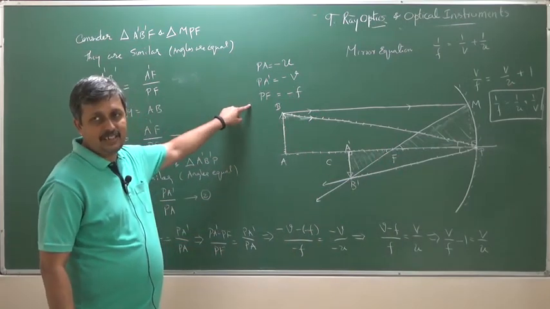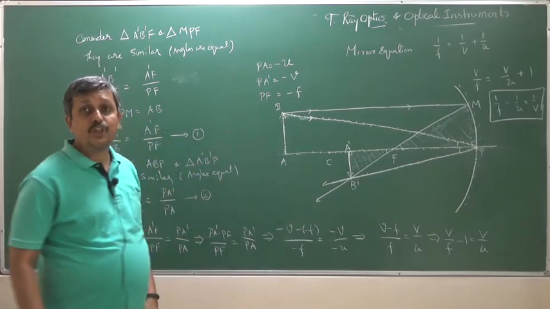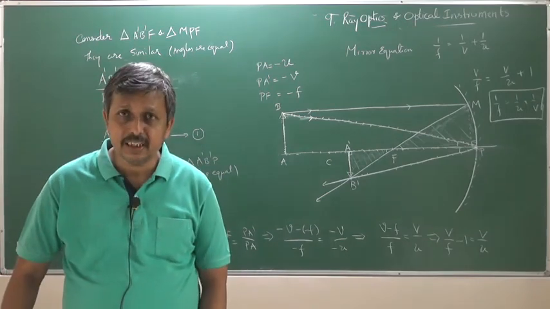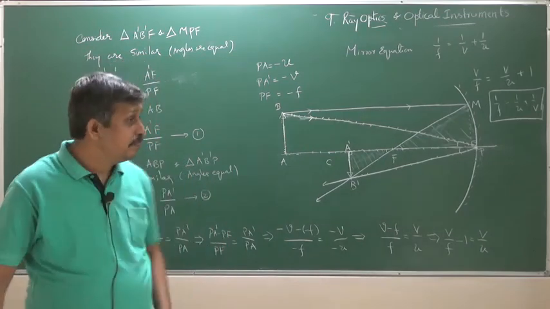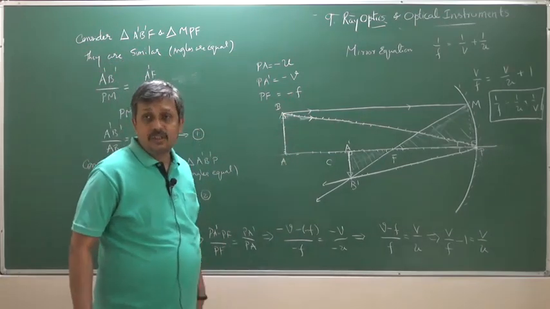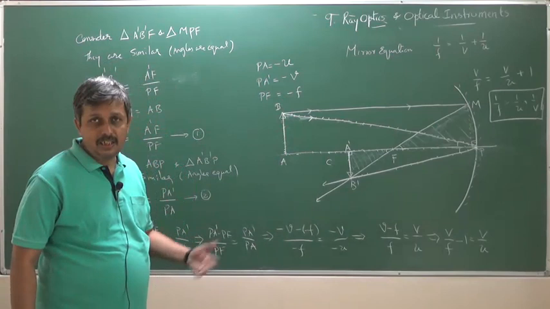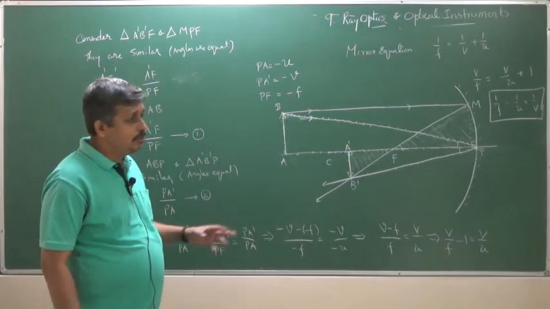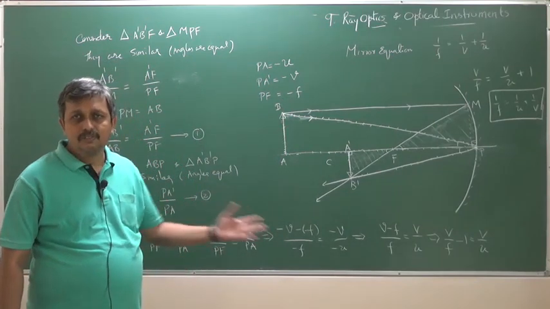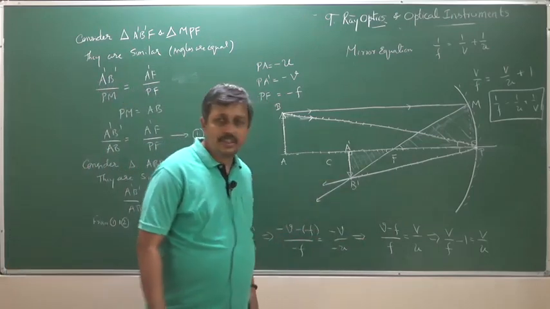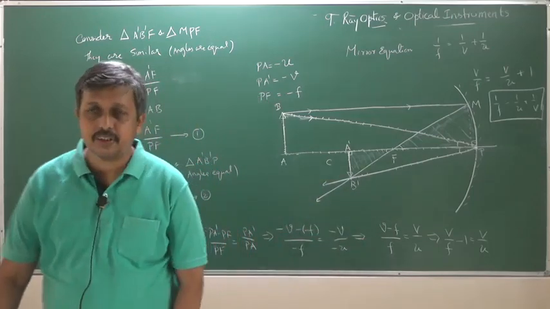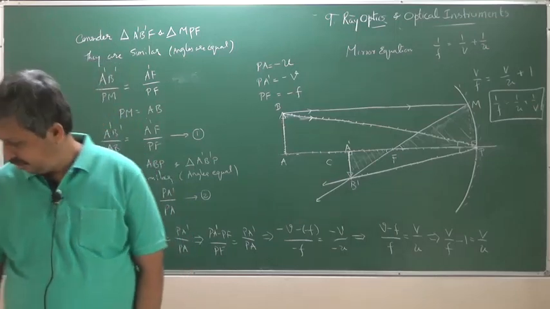This is very important. Even when you are using it in a convex mirror, or in other places, this may come differently, if you try to use that in the derivation. So the derivation is slightly different, but will give the same result. Then you simplify it and you get the answer. So this is the derivation for the mirror equation.